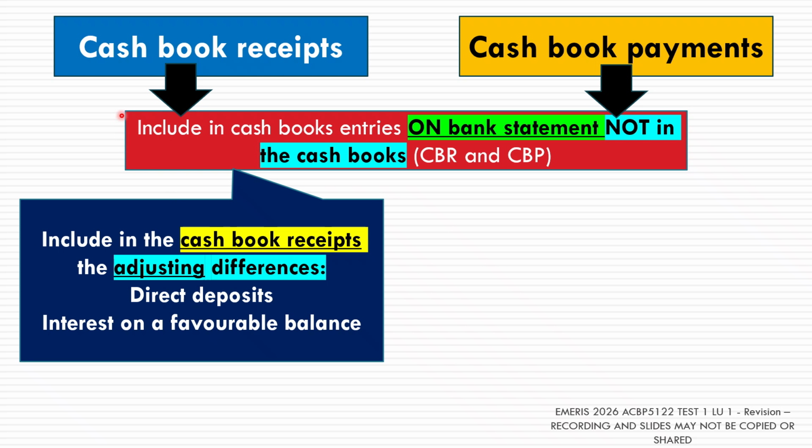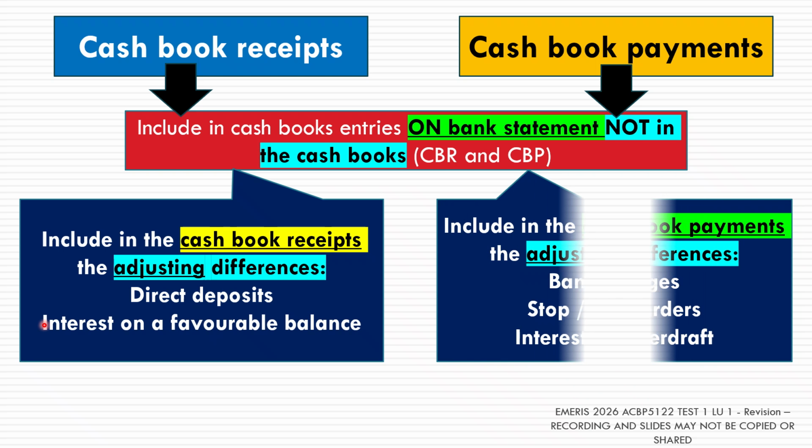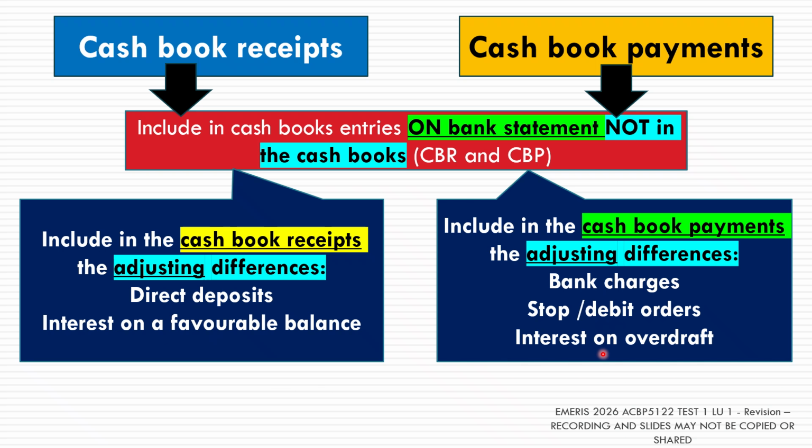In the cash book receipts specifically, we're going to include any direct deposits or interest on a favorable or credit bank balance. In the cash book payments, we are also going to update it with adjusting differences, but specifically bank charges, stop orders or debit orders, or interest on a debit balance or bank overdraft.